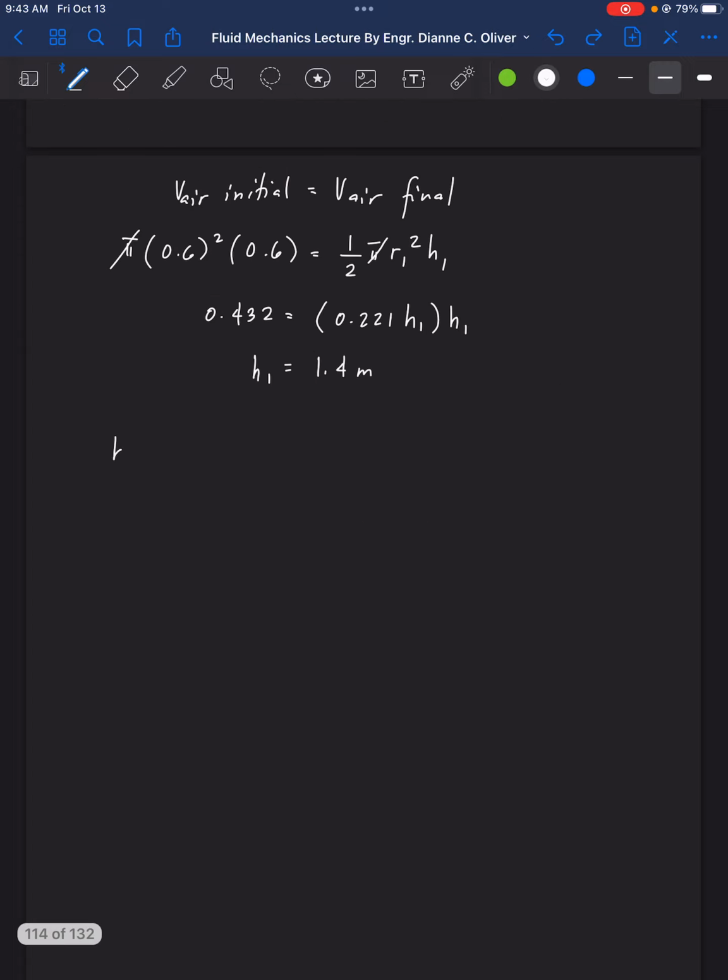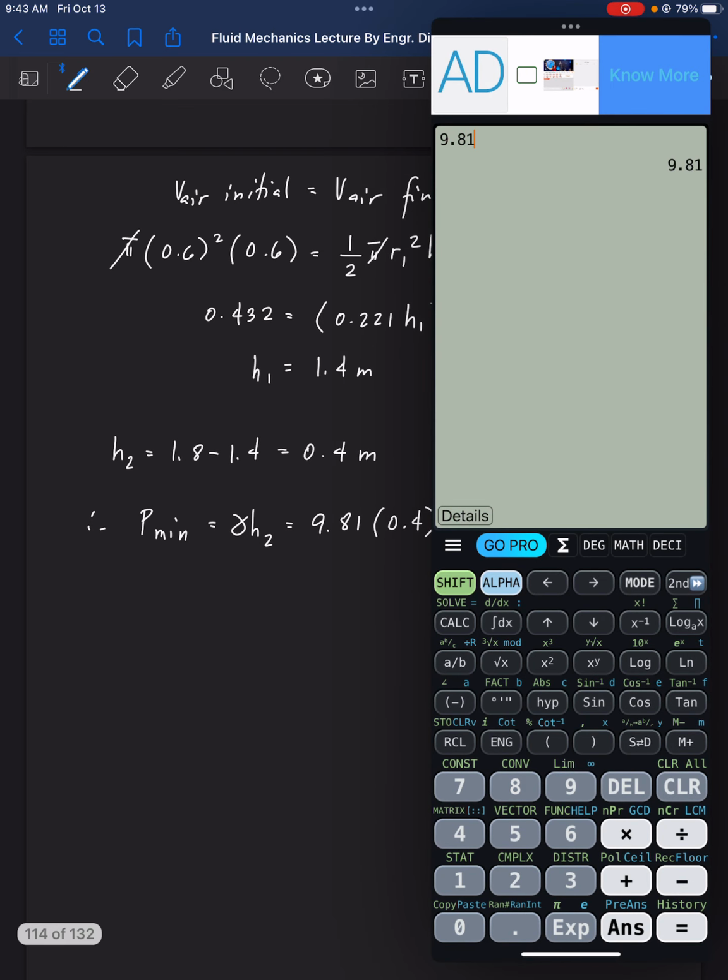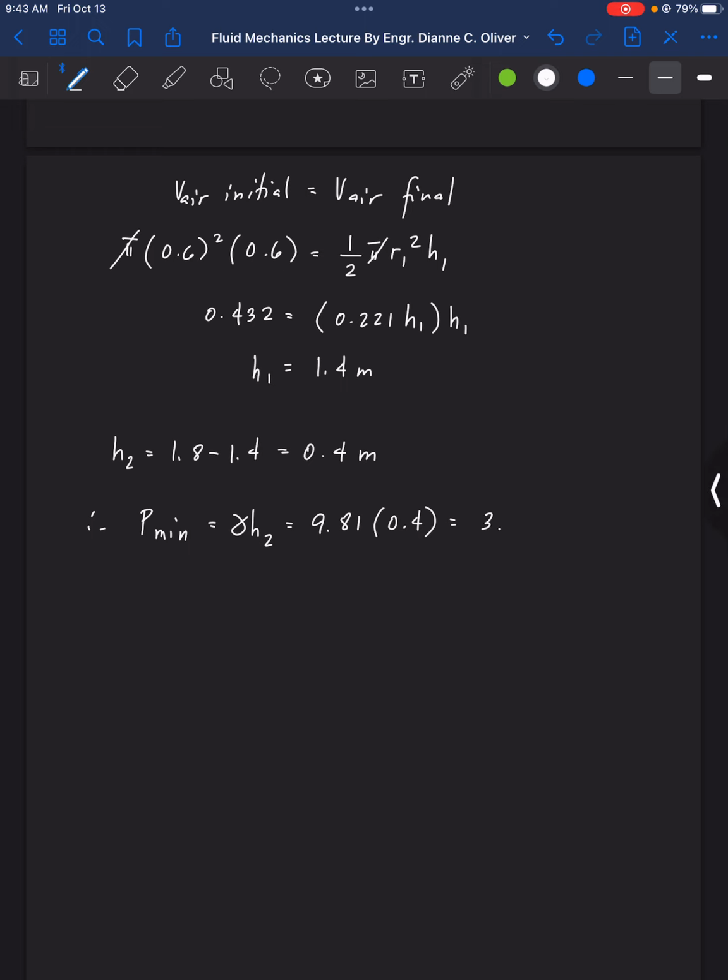So H2 now is equal to 1.8 minus 1.4 is equal to 0.4 meter. Therefore, P minimum is equal to gamma H2 is equal to 9.81 times 0.4, that is equal to 3.924 kilopascal.